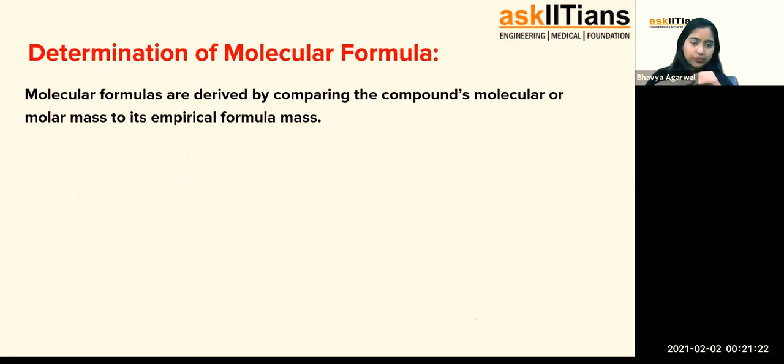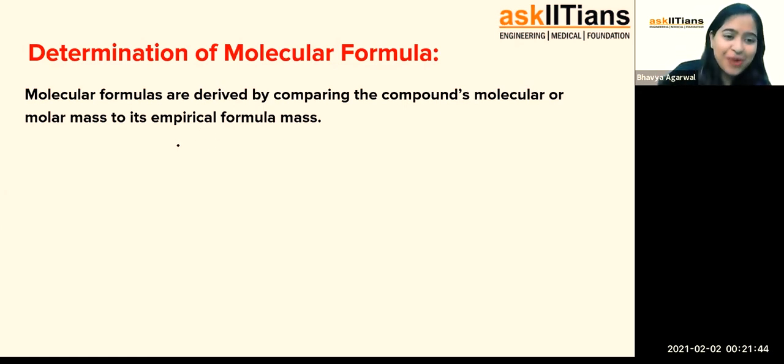Okay. So, suppose there is a compound. Now, first of all, you might be having a doubt that how can you find out the actual molecular mass?